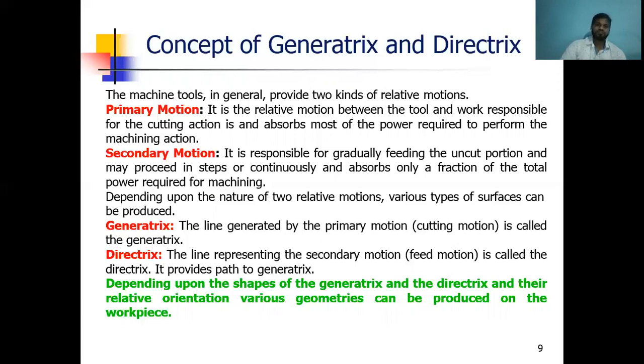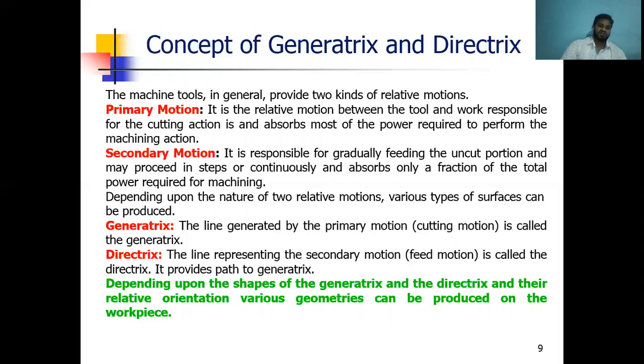and absorbs most of the power required to perform the machining action, right? In this sentence, we observe the relative motion between the tool and work is responsible for the cutting action, and this absorbs most of the power required to perform the machining action.